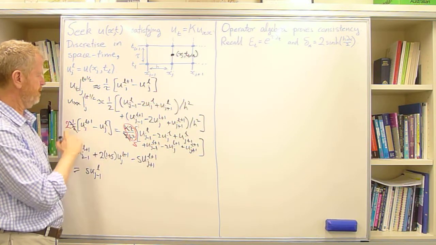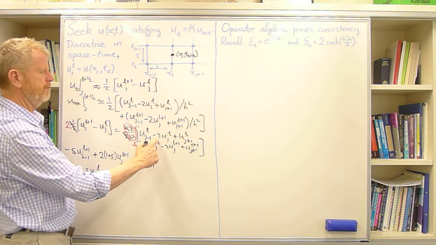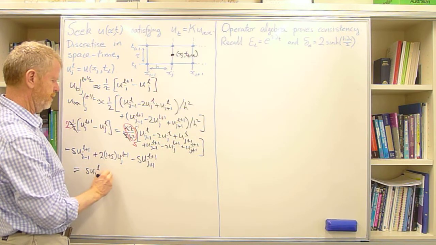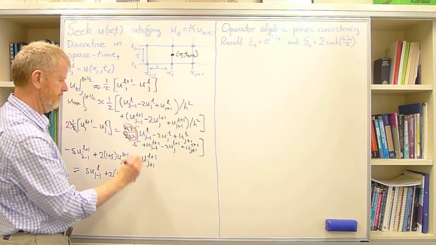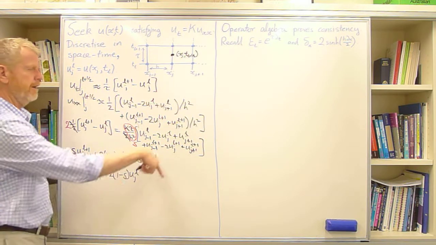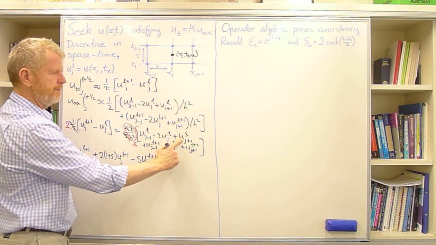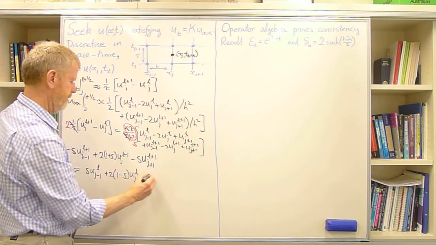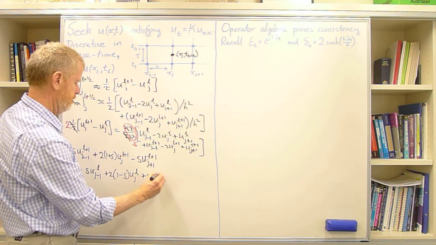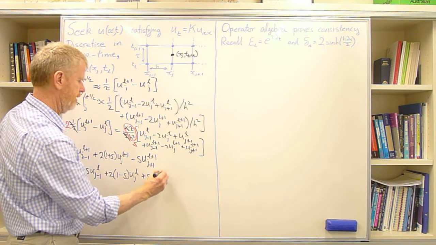Take that onto the right, it becomes plus 2u_j^L minus this 2s, means it's 2 times (1 minus s) u_j^L. And then the last term is this u_(j+1)^L times s, so s u_(j+1)^L.